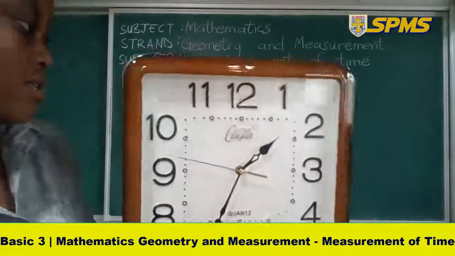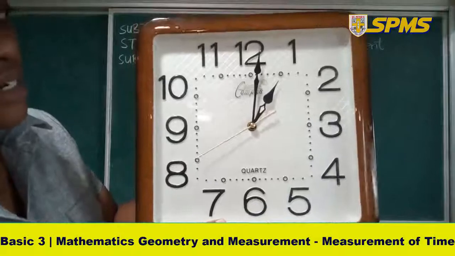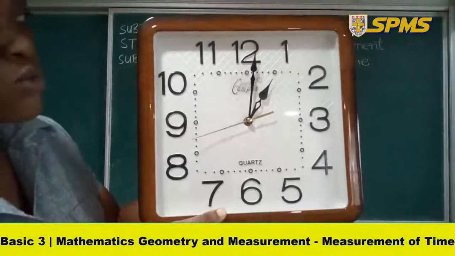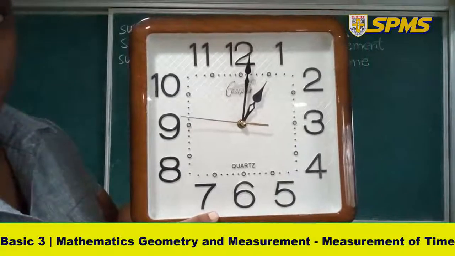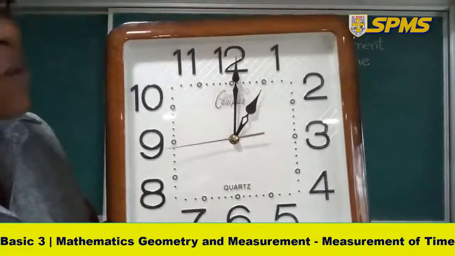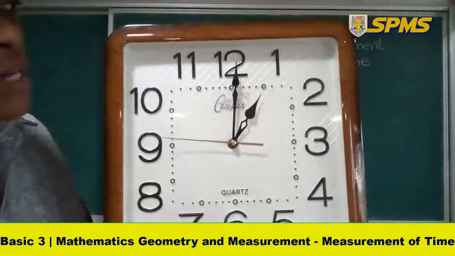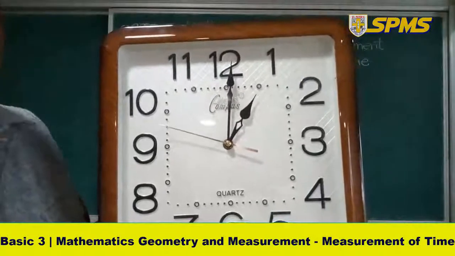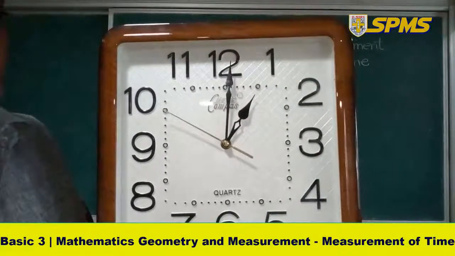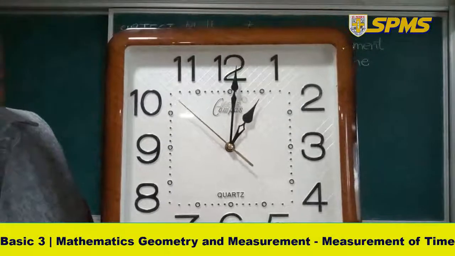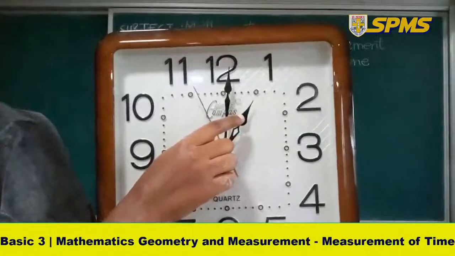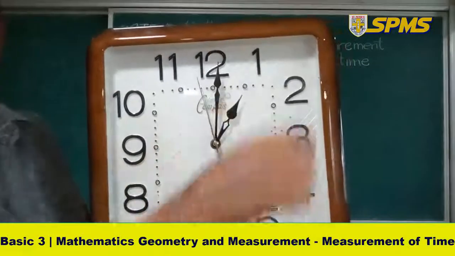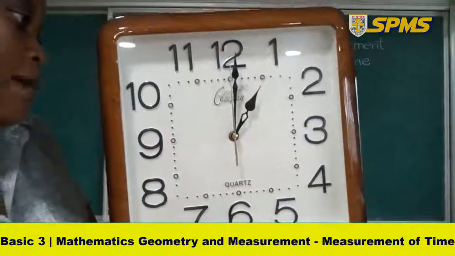Let us watch this. The minute hand, we can say it's on 12, and then the hour hand is on 1. Now we said that when the minute hand completes a journey from 12 back to 12, the hour hand moves from the number it's pointing to another number.